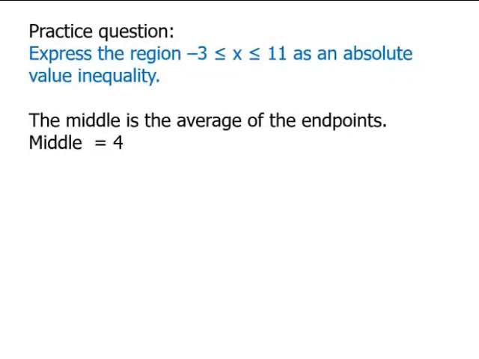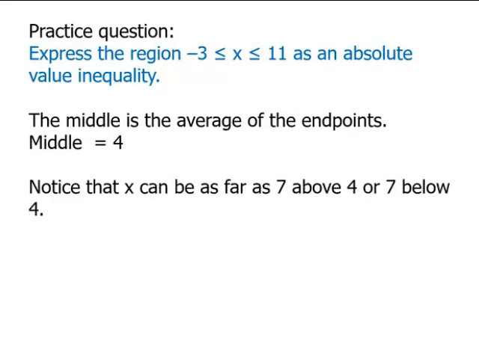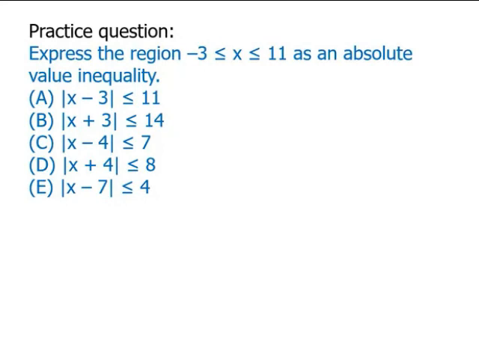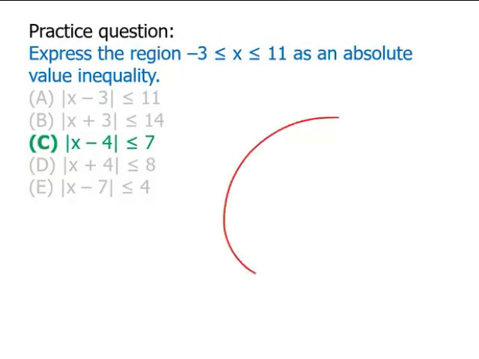So 4 is the middle. If we start from 4, we go up 7 to get to 11, or we go down 7 to get to -3. So the distance from 4 is going to be less than or equal to 7. Go back to the answers and choose answer choice C.